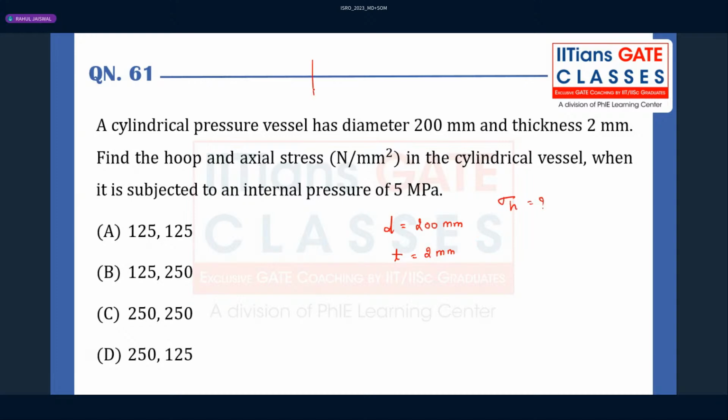If you take any component, there will be hoop stress and there will be longitudinal stress. When it is subjected to a pressure of 5 megapascal, what is the value of hoop stress and longitudinal stress? That is what we need to answer. So try to answer. All of you might be knowing the formula.